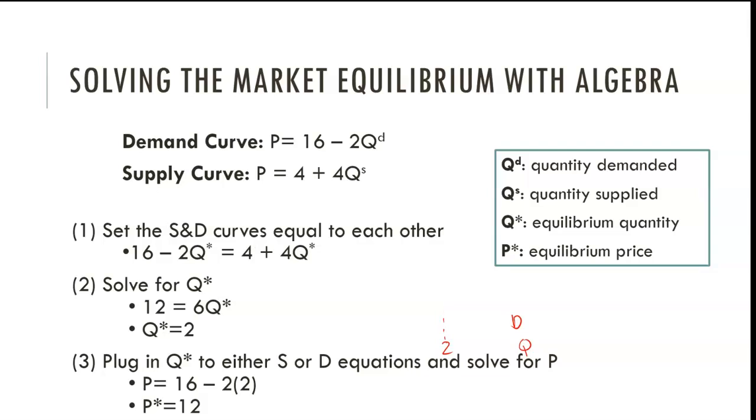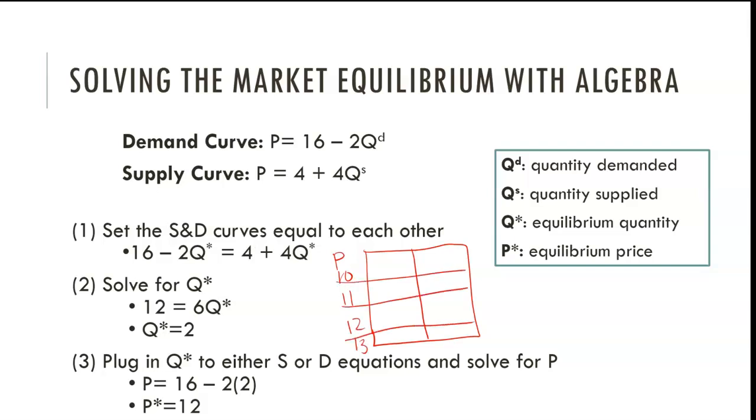If we had a table with a bunch of different points on it, so let's say we had price here, 10, 11, 12, 13, and then quantity demanded and quantity supplied. So at $12, both of these things would have a quantity of 2.